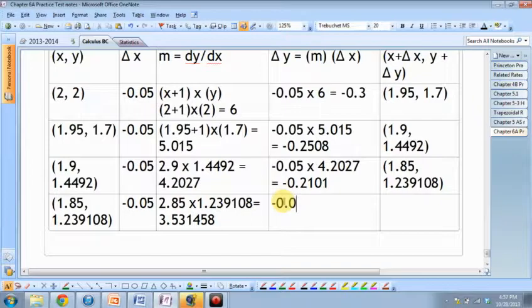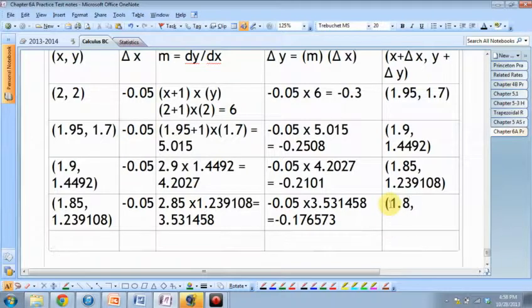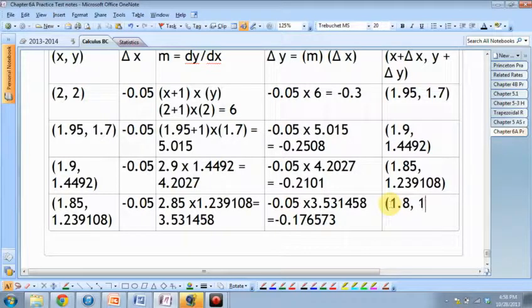Negative 0.05 times this monstrosity. And that gives us 1.8, comma, 1.0625.